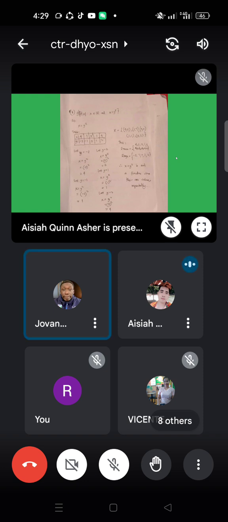Why? Because of the values in the domain. For example, ang x nimo, asa nimo i-assign ang imong x? Sa f of x. So y, the negative y.